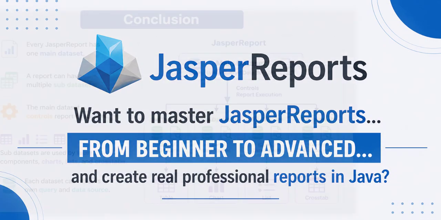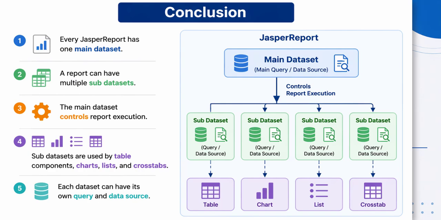So let's summarize that every Jasper report has one main dataset, but a report can have multiple subdatasets. The main dataset controls report execution. Subdatasets are used by table components, charts, lists, and crosstabs. Each dataset can have its own query and data source.